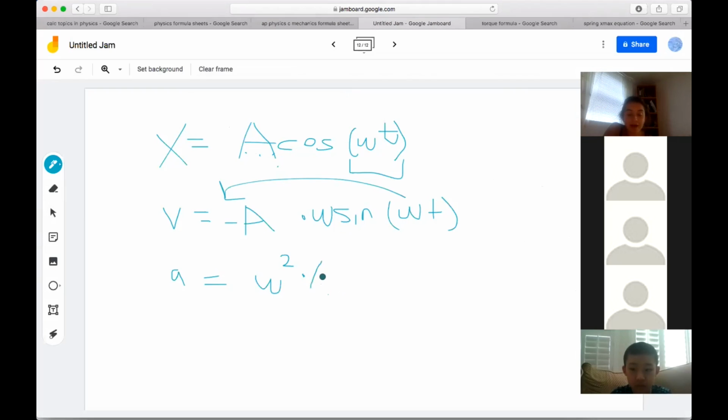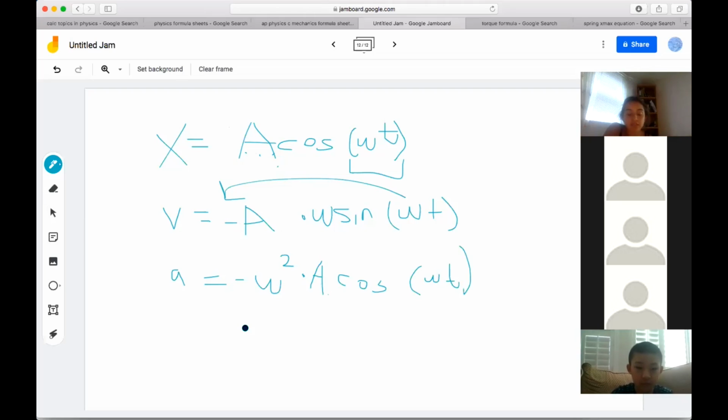Okay, so the derivative of sine is positive cosine. But we already had a negative here, so we just bring it down. And now we just keep the inside part, W T. There's actually a rule I didn't mention before.